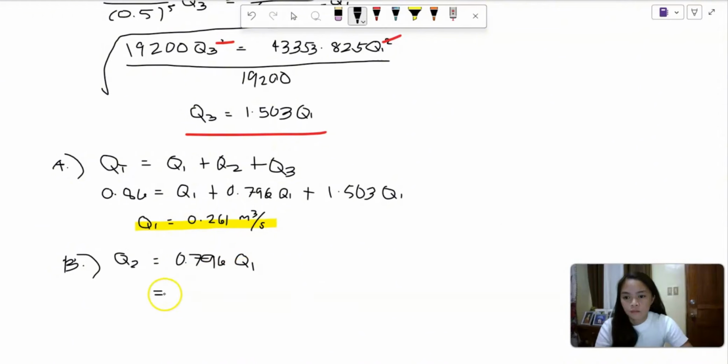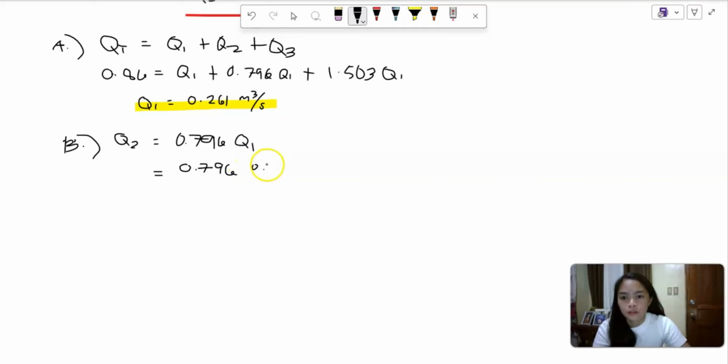So let's just substitute the value of Q sub 1, so 0.796 times 0.261. So the answer for this is 0.208 cubic meter per second.